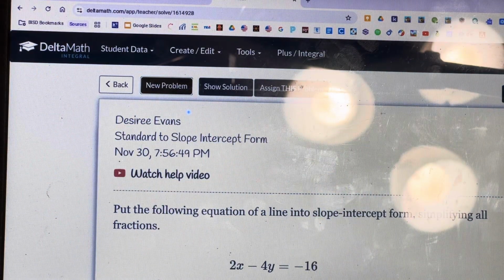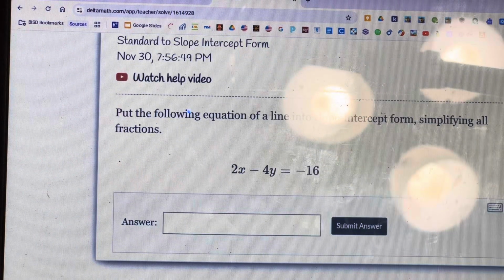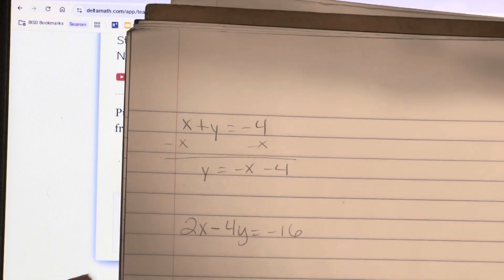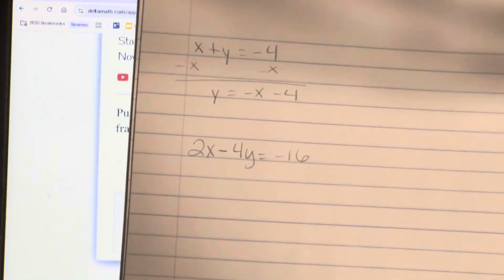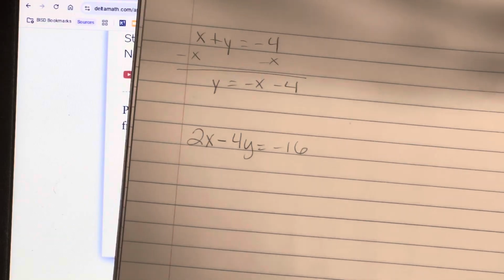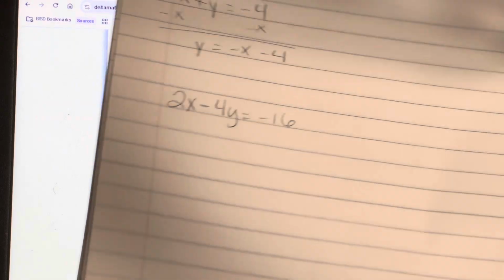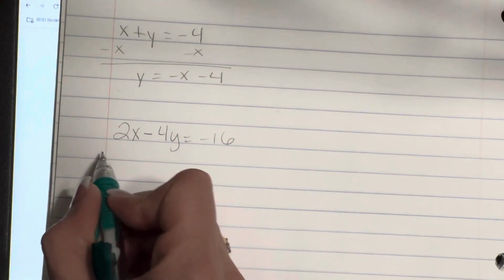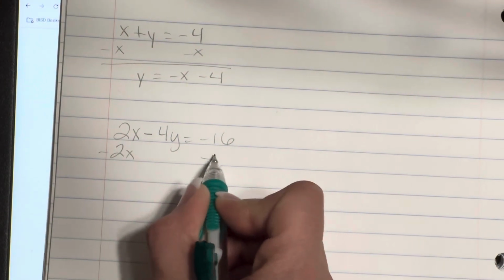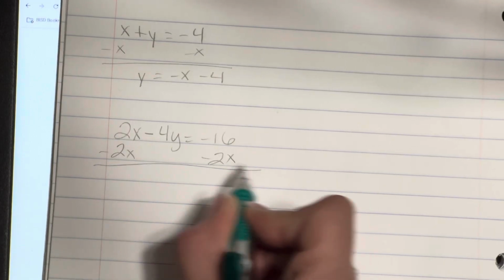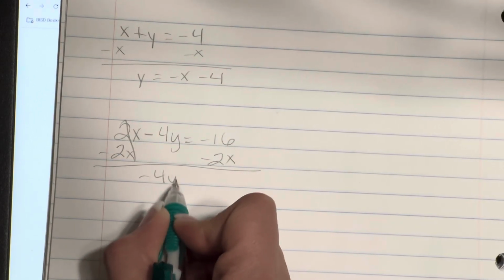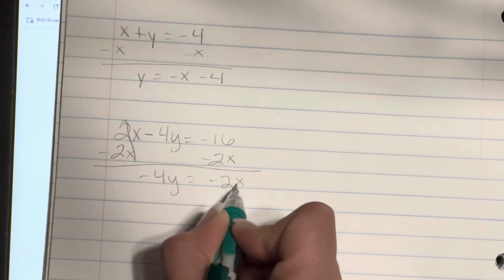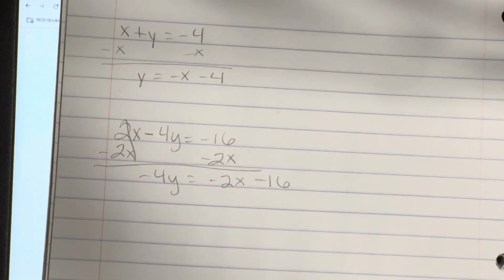Okay, one more. 2x minus 4y equals -16. Okay, move our x term first. So we're going to subtract 2x from both sides. -4y is equal to -2x minus 16.